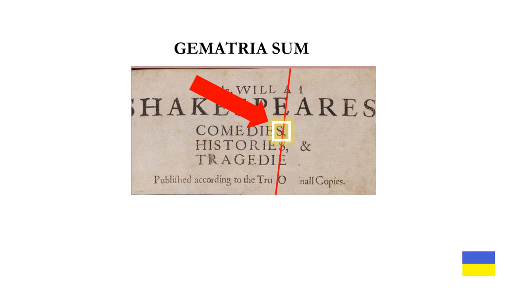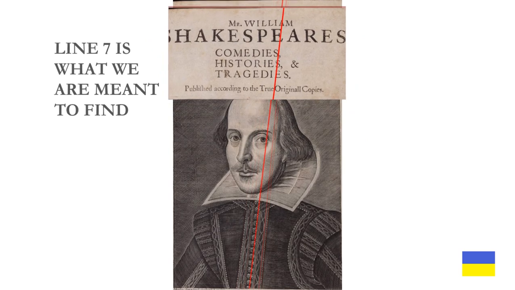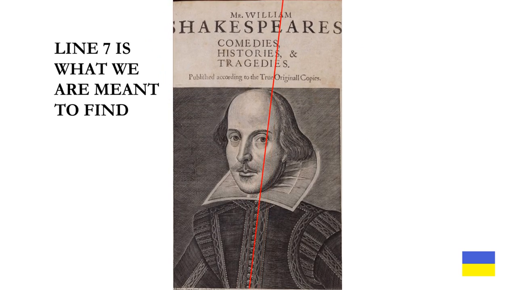So A, E, S, E, O has a gematria sum total of 43, which is VV in the Latin alphabet repeated count. Again, line 7 is what we are meant to find.